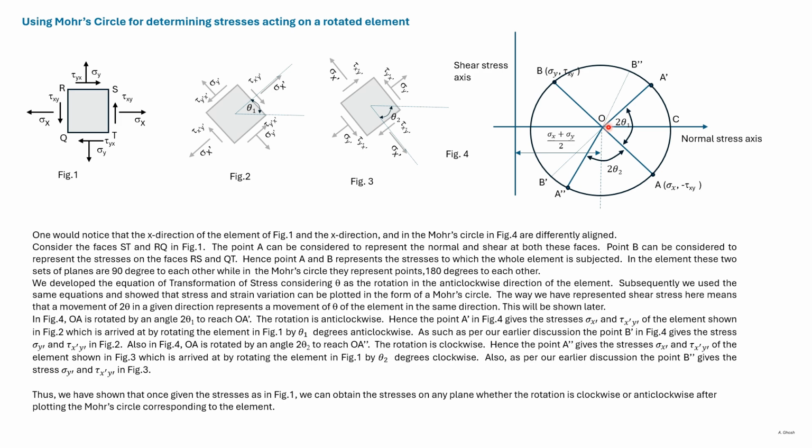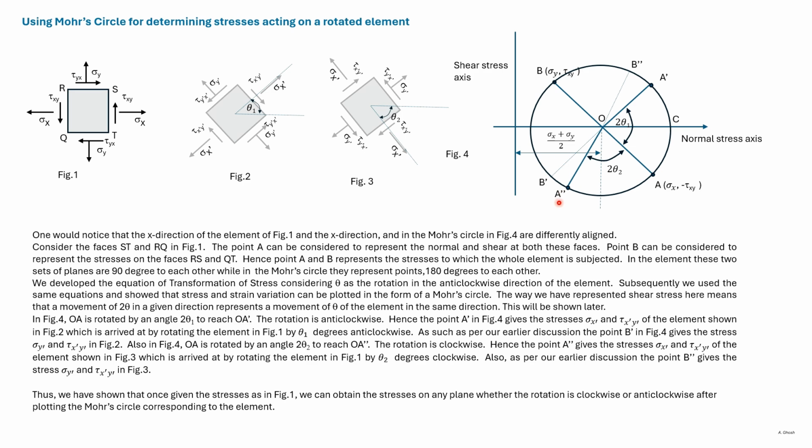Now consider a clockwise rotation of OA by the angle theta 2 when we reach A double dash. In figure 3, we have rotated the element in figure 1 by theta 2 in the clockwise direction. A double dash gives the stresses on this face of the element.